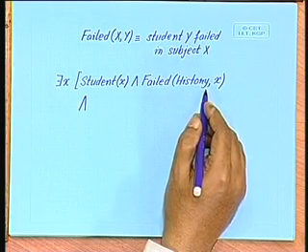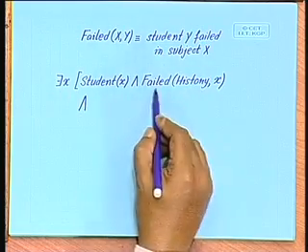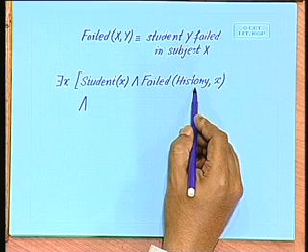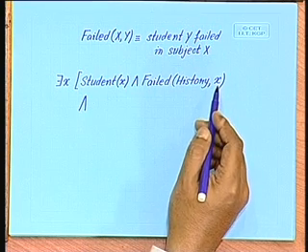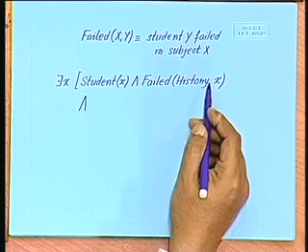To express that only one student failed in history, we have said there exists x who has failed in history, and then for all the other y's they passed history, right.